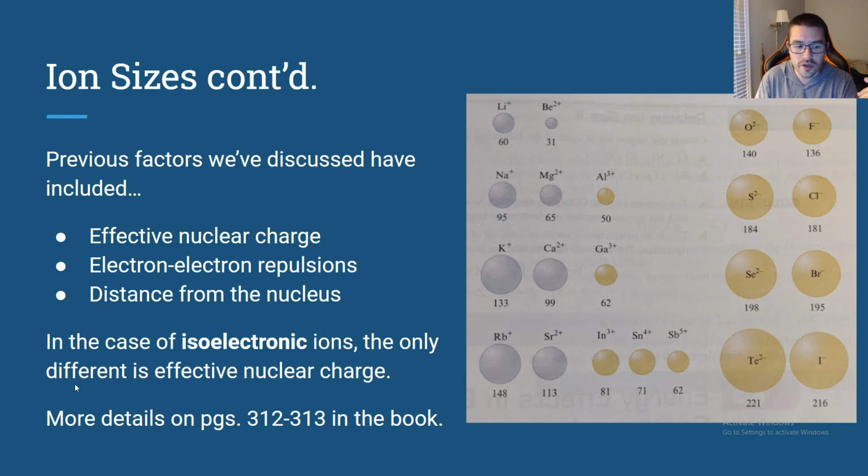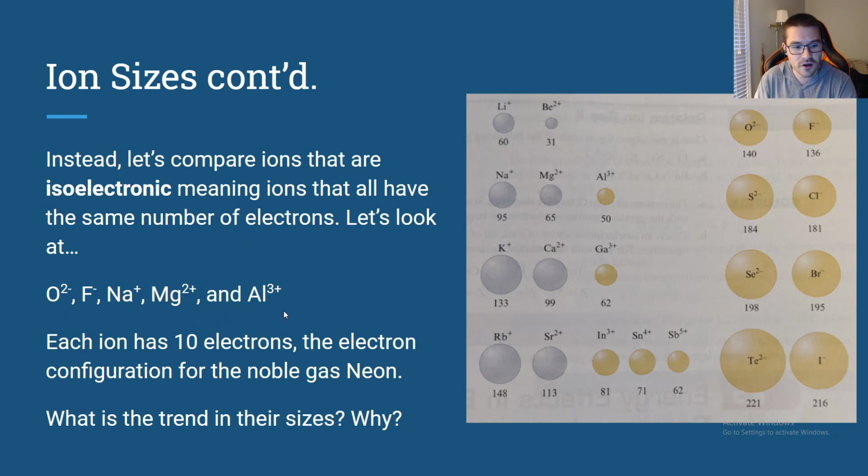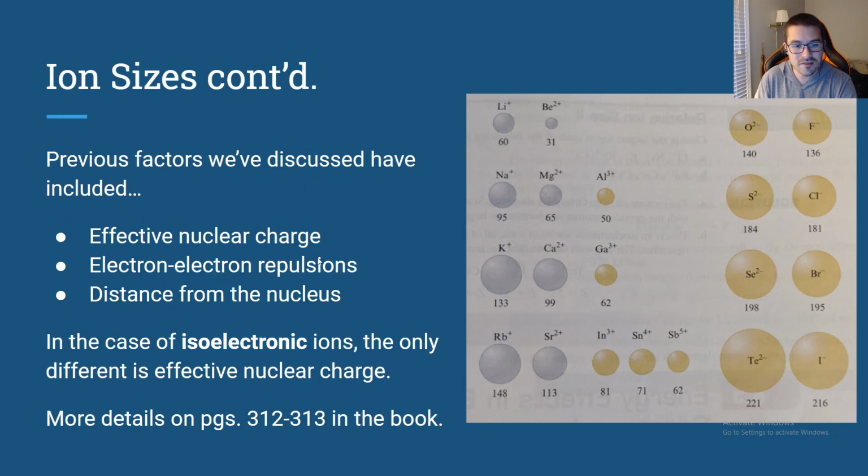In other words, the only different thing amongst isoelectronic ions is the effective nuclear charge, right? Think about it. All 5 of these ions have 10 electrons, okay? Which means they all have about the same electron-electron repulsions going on, and they all are going to have the same distance from the nucleus situation, right?